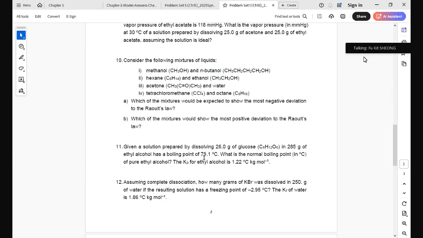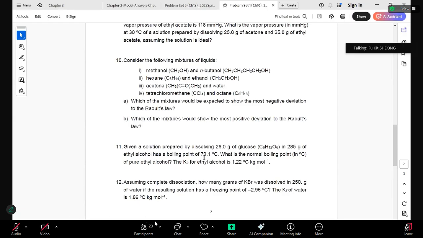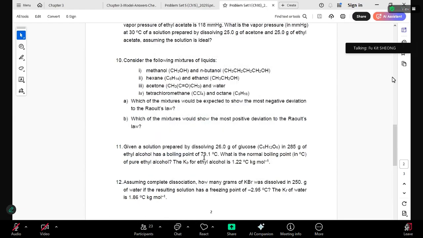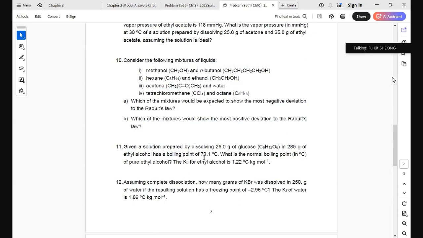components have a very, very strong interaction with each other. They really like to mix with each other. At the same time, they should be somehow different. So in that sense, the most negative deviation should be 3, acetone and water. Both of them are polar, and at the same time, acetone does not have a hydrogen bond by itself.